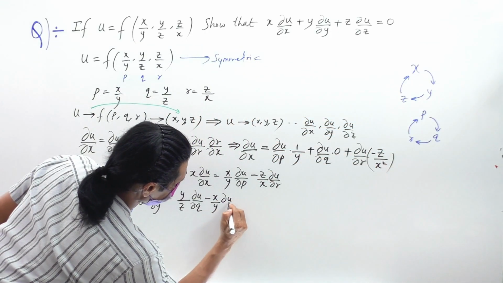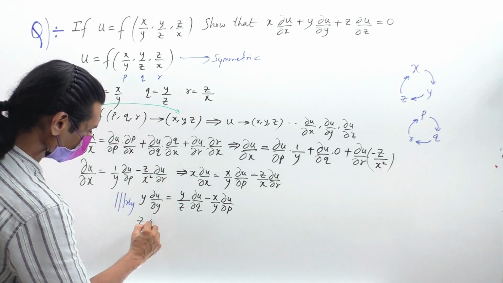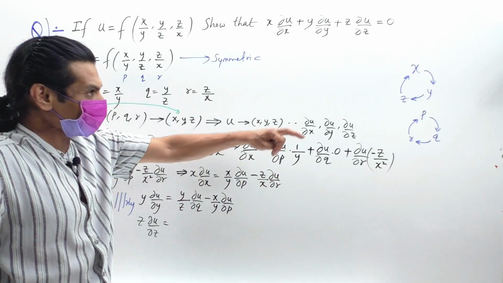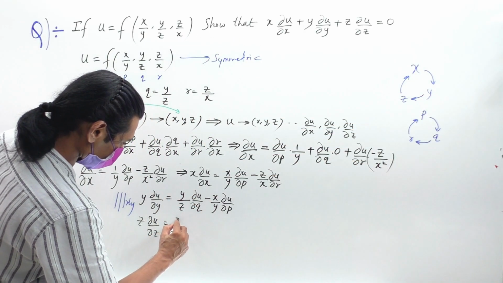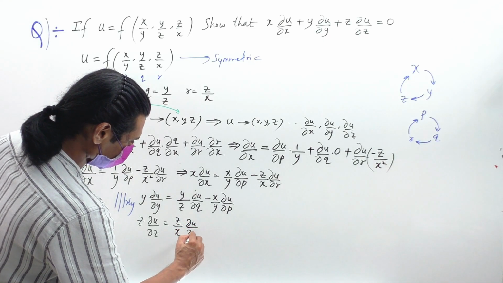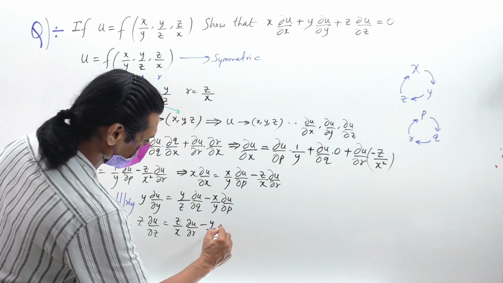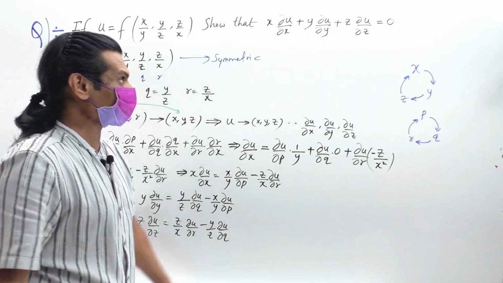That's it. Similarly, we can write z into dou u by dou z is equal to. So tell me, y changes to what? z. And z will change to what? x. dou u by dou q will change to dou u by dou r. x will change to y, to z, and dou u by dou p changes to dou u by dou q. That's it. So we have all these things here.